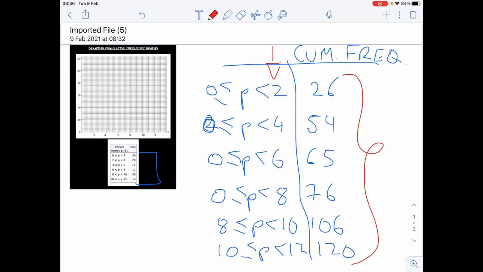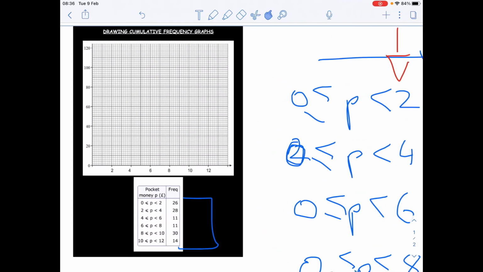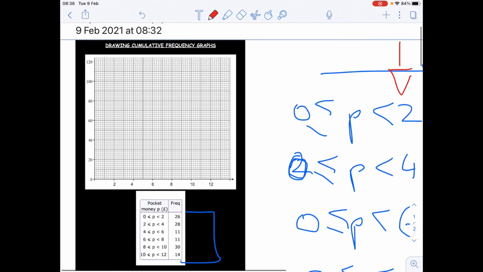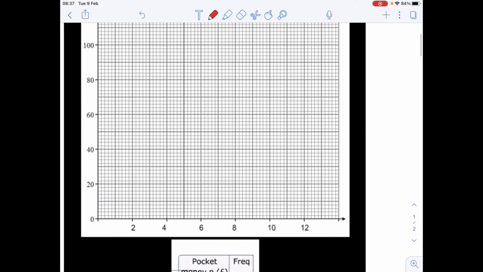So at 2, my first point is going to go up to 26. You need to be really careful with the scale. I'm not going to be as accurate here as I could be. Maybe I can actually. So I know I've got 26 people at 2, so that's 3 tiny squares. So at 2, my first point would be there.